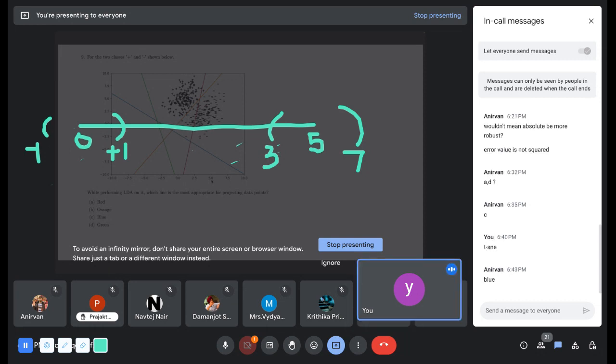You can remember two things. LDA should maximize the distance between the means of the two classes, and at the same time it should minimize your within-class variance, the intra-class variance. So which line does that?